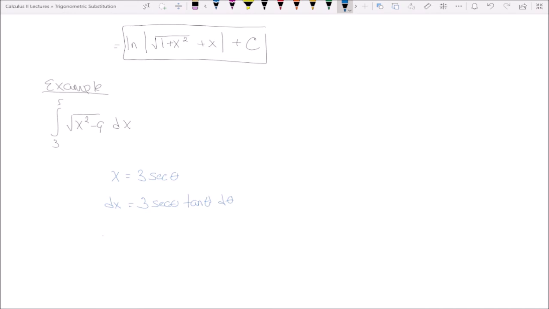Now for the square root of x squared minus 9, a is 3. Our x goes from 3 to 5, which means that our x is greater than or equal to 3, so we take the positive. We take 3 tangent of theta.